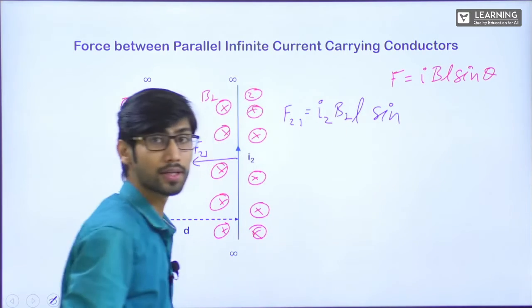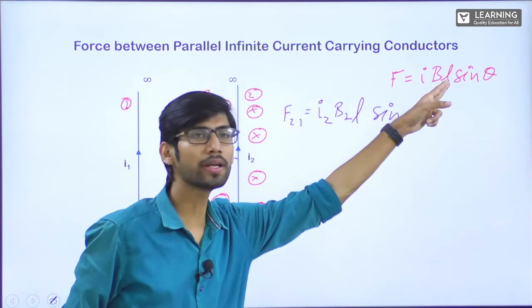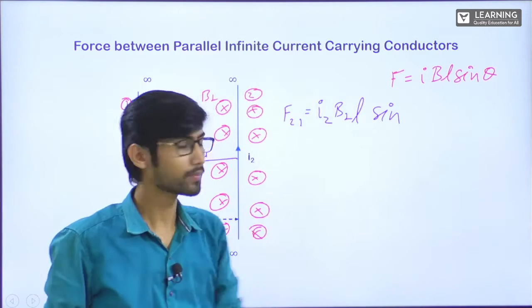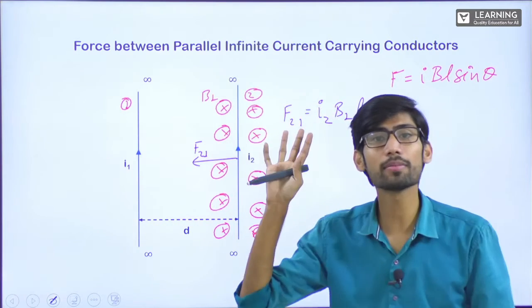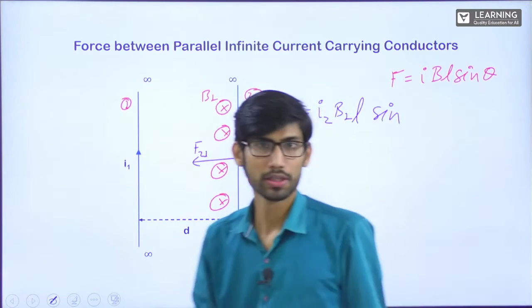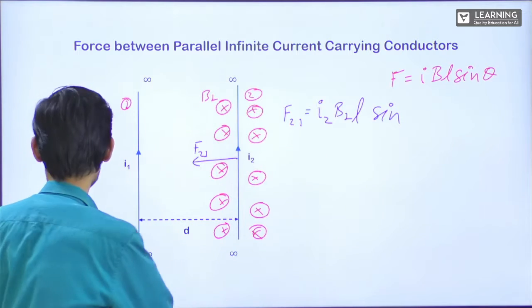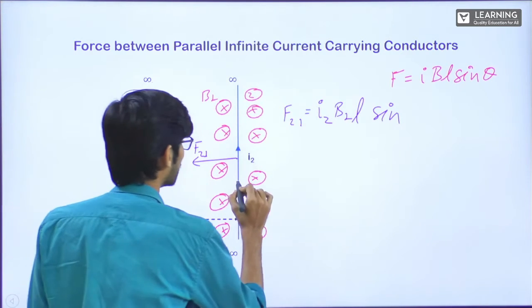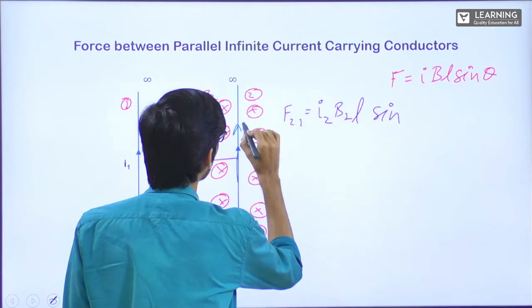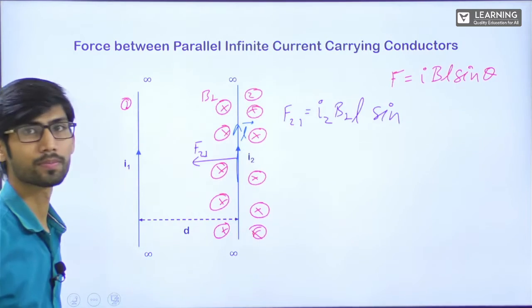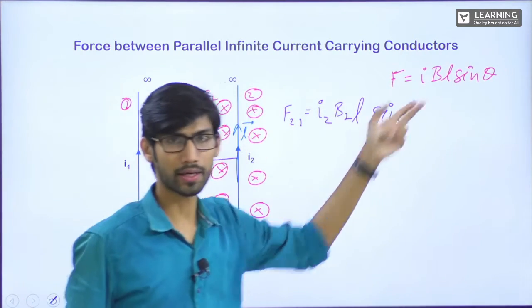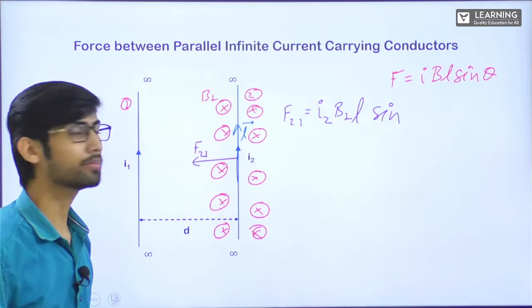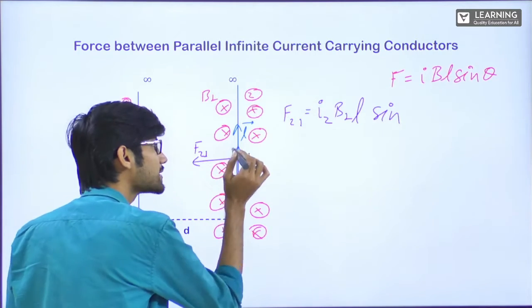Now here, what is theta? Angle between L and B, right? L vector, if you remember, the direction of L vector was the same as the direction of current. So here L vector will be upwards. This will be L vector. And the angle between length and magnetic field: magnetic field is inside.